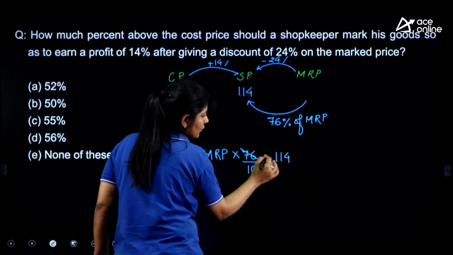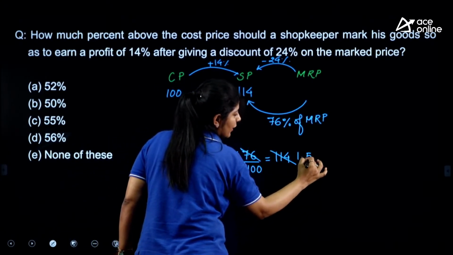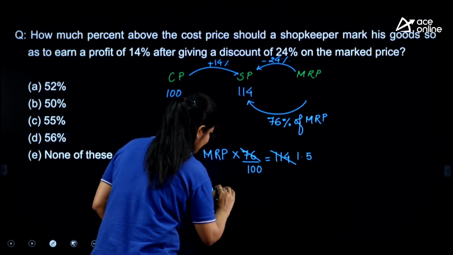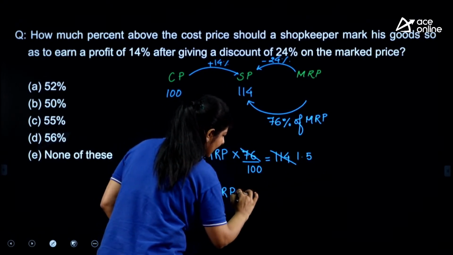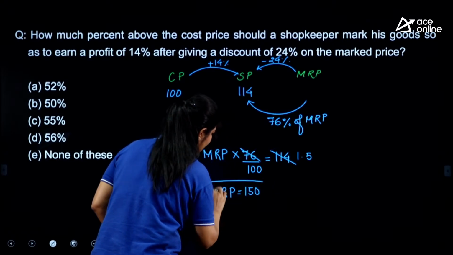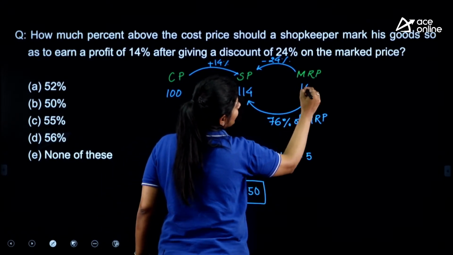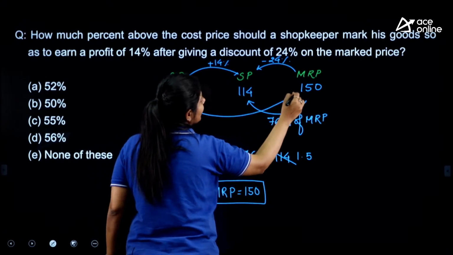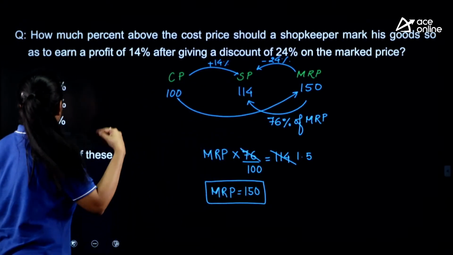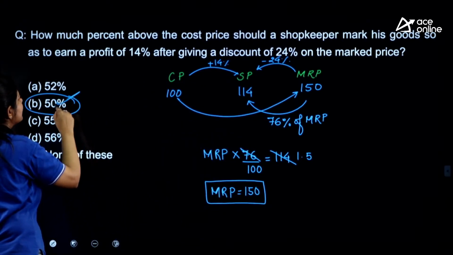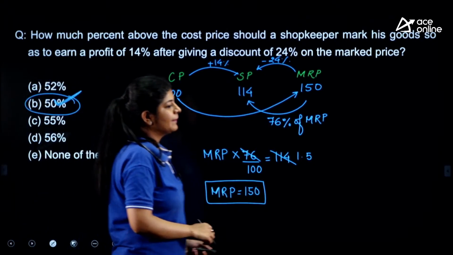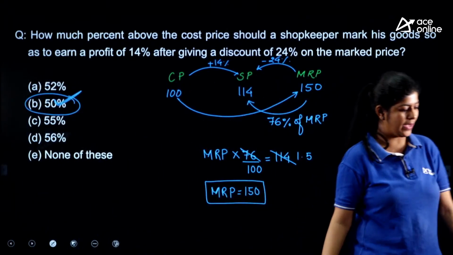So if we do it, it is present on the multiple of 1.5. So the MRP will become 150. That means he is putting it on a 50% higher price. Option number B is the correct one.